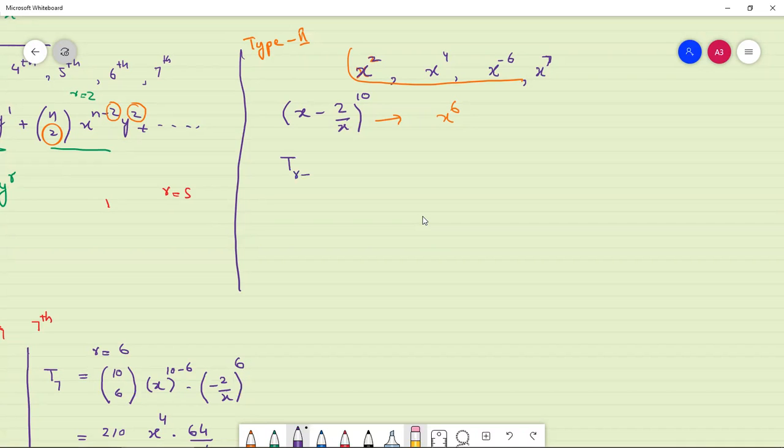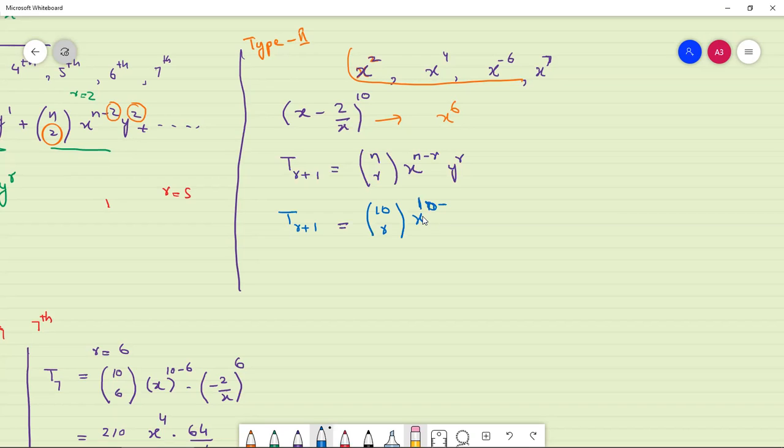T r plus 1 is equal to, this is the formula of nCr, x power n minus r and y power r. Time is running out, so I'm going to complete it quickly. We don't know the value of r, so T r plus 1, but I know the value of n, so I put n here, nCr, while x is a single x, n minus r, n is 10.